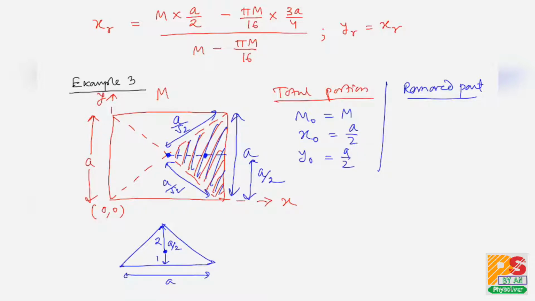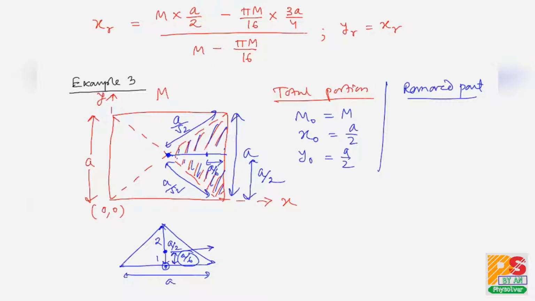Therefore the position of center of mass will be 1/3 of a by 2, that is a by 6 above this point, right or wrong? A by 6. So let's erase it, I can say for sure that this thing is a by 6, that is 1/3 of a by 2.